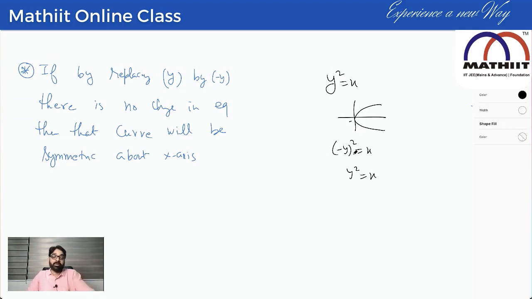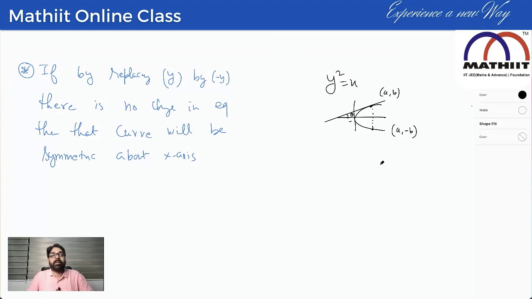Why am I talking about symmetricity? Because if we draw a tangent at a comma b, watch carefully everybody, and let's say this angle makes theta angle with the x-axis, and if you draw again one tangent at the mirror image of a comma b. What is the mirror image of a comma b with respect to x-axis? A comma minus b.